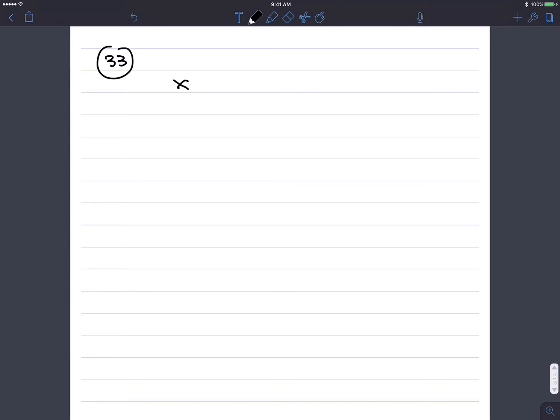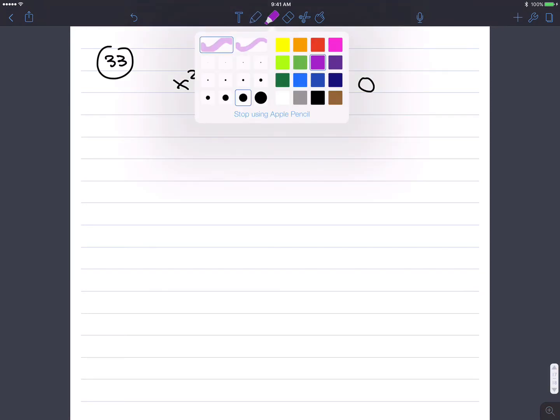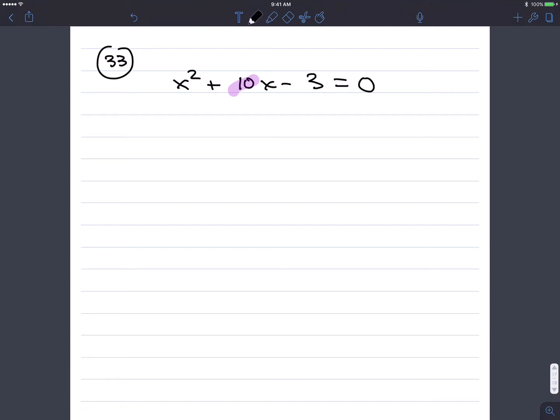And this is x squared plus 10x minus 3 is 0. B is 10. 10 over 2 is 5. 5 squared is 25. We use this value.